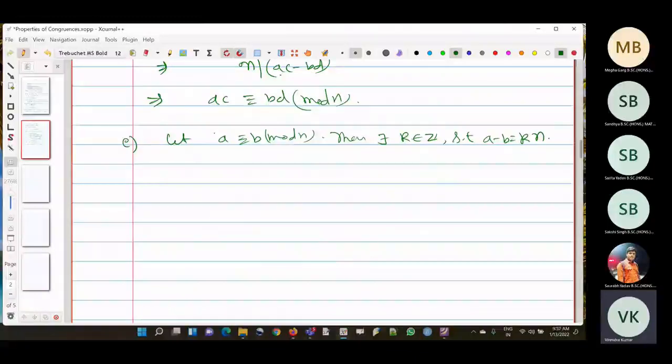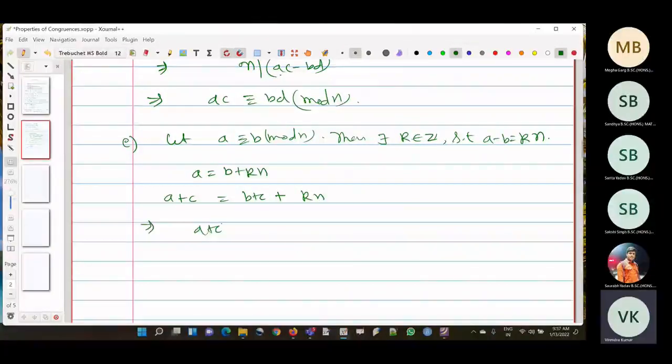Fine. What we can do? We can find out A in terms of B, k and n. So A equals B plus k times n. Now we can add C: A plus C equals B plus C plus k times n.